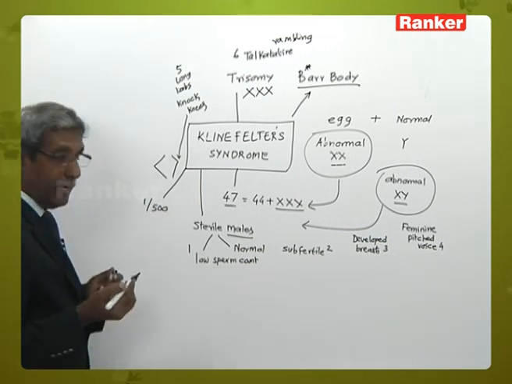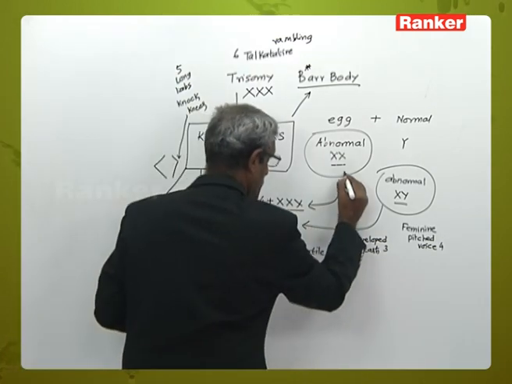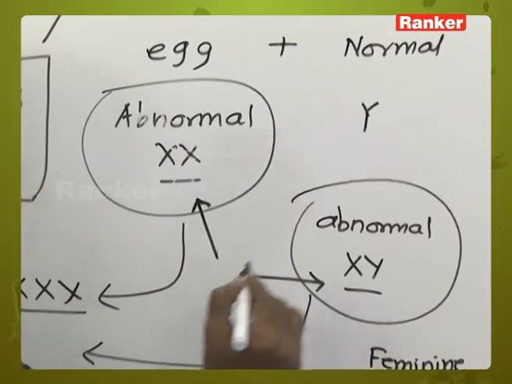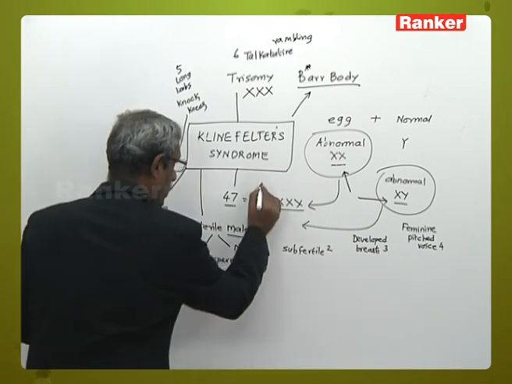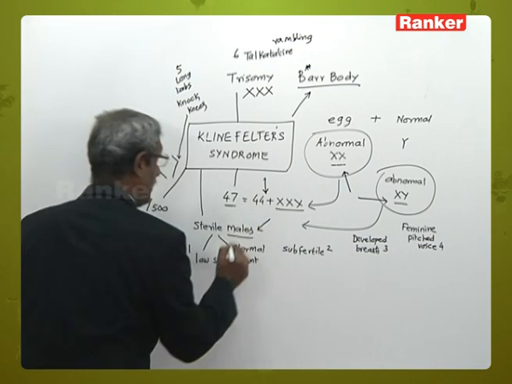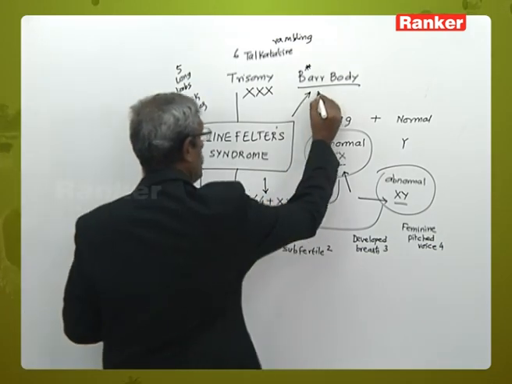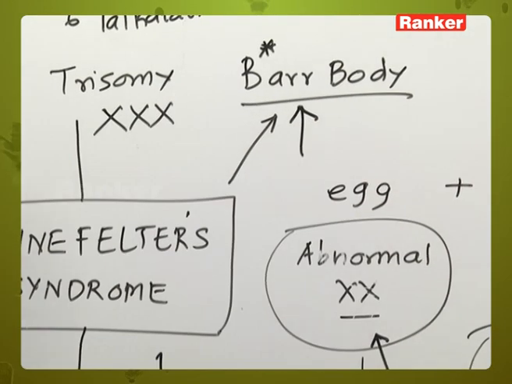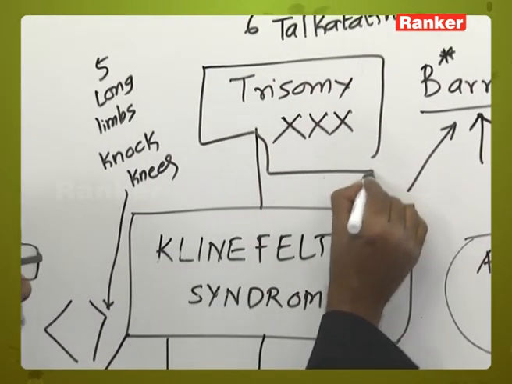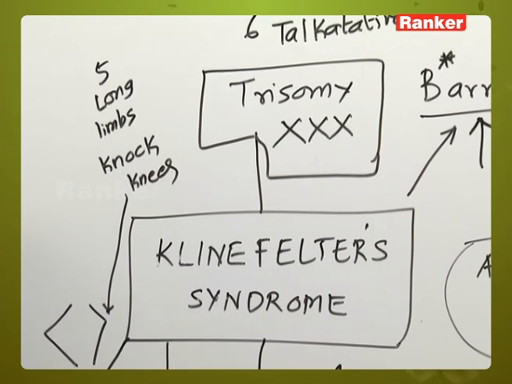So the most important concepts are: how does it come about, with an abnormal XX or an XY? What is the chromosome complement? Whom does it affect? It affects sterile males. And how is it indicated? It is indicated by a bar body. And what is it popularly termed as? A sort of trisomic, XXY.